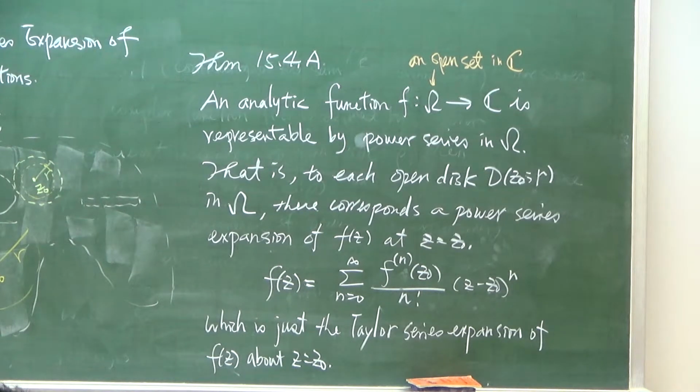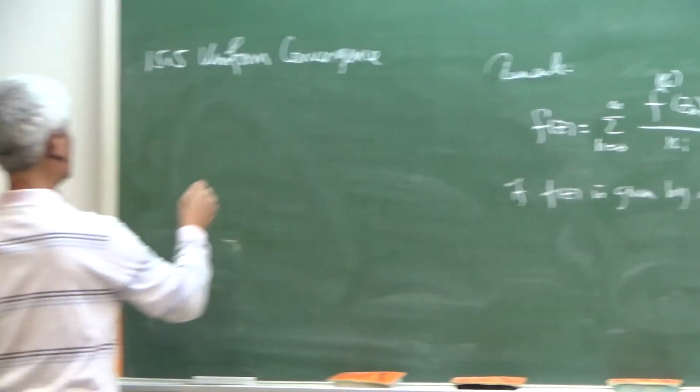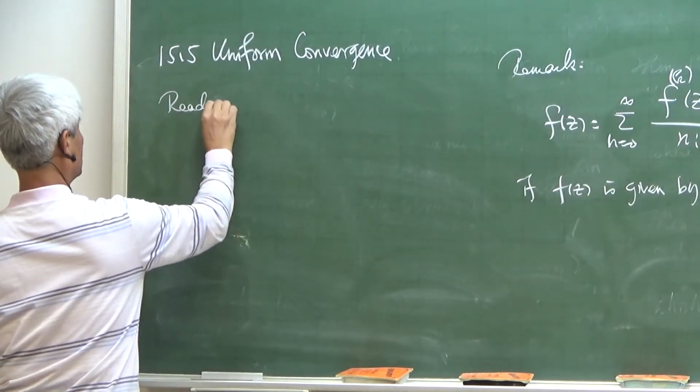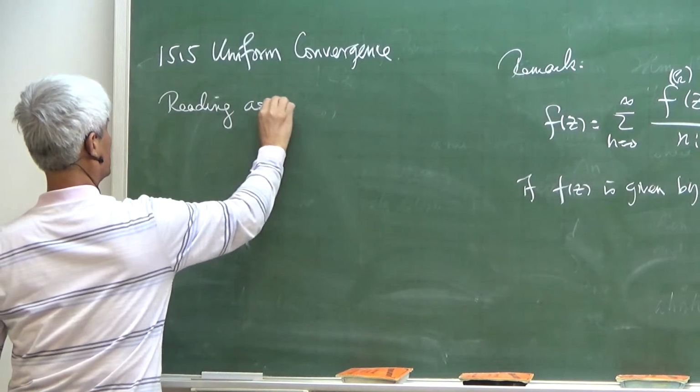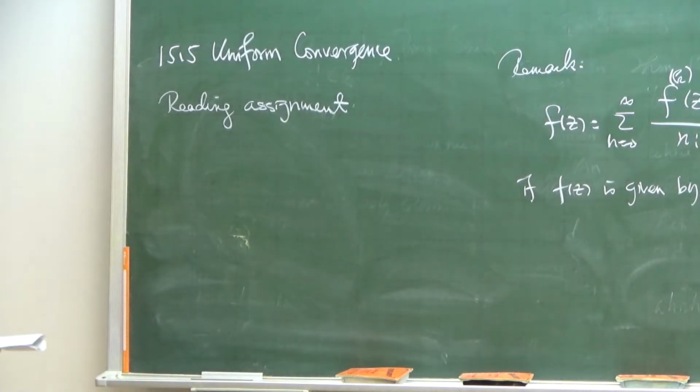But uniform convergence, actually, we started uniform convergence for real functions before, right? And so it's a reading assignment. It's quite similar to what we discussed before, and of course it contains more material than before.